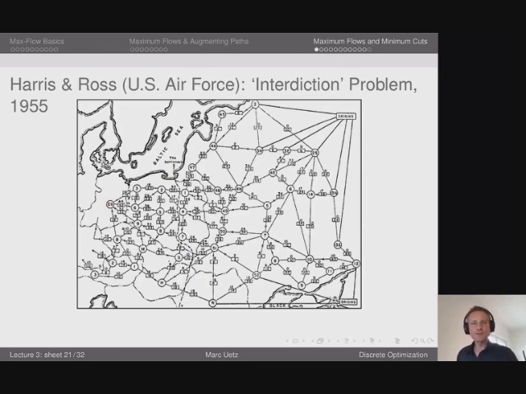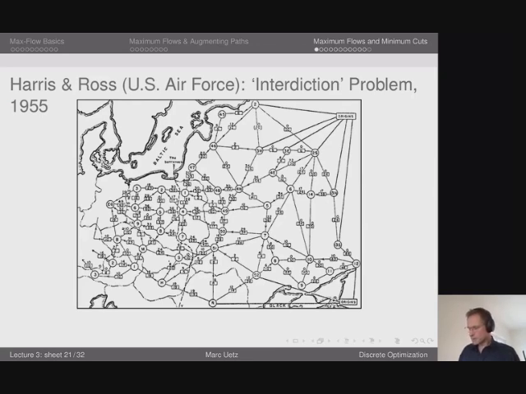So the historical footnote here is actually that both the Soviet Union and the United States were interested in almost the same problem, actually the duals of each other. Now, this is a publication from 1955, and you can imagine that back in that time, it was still the time of the Cold War. This was certainly classified information. And that is actually true.